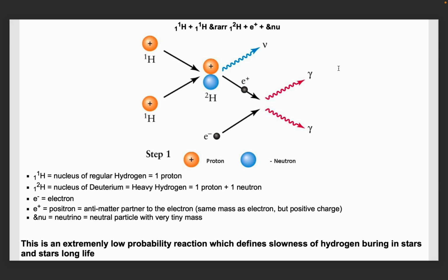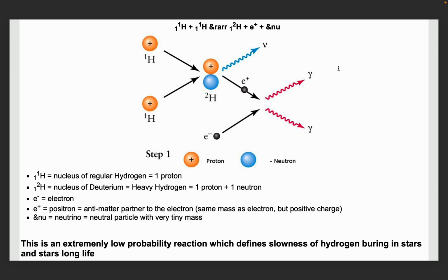There are two protons, that is H1, the nucleus of regular hydrogen, and these two protons first produce a deuterium.